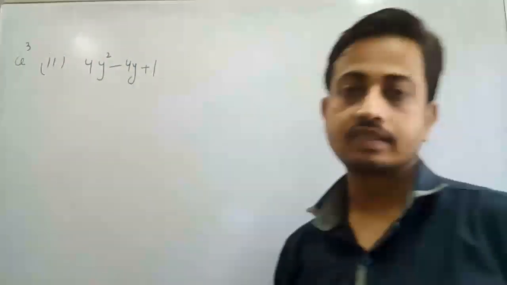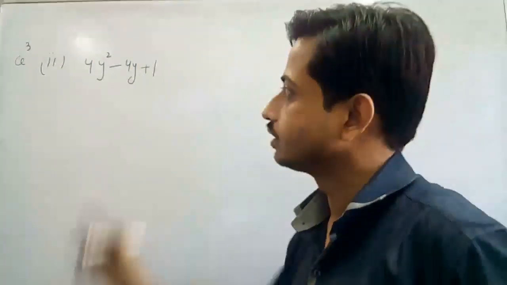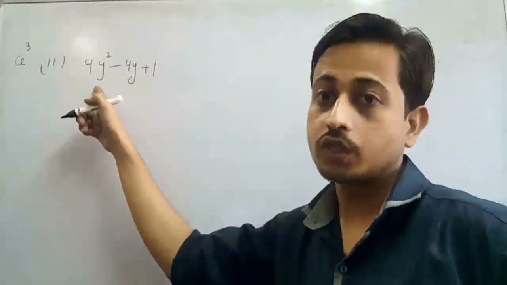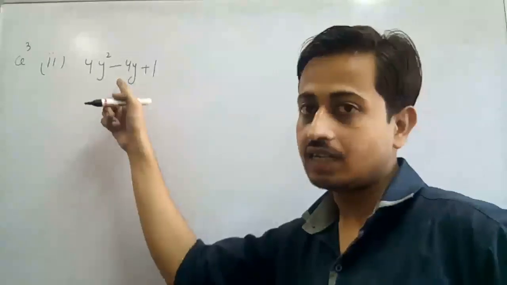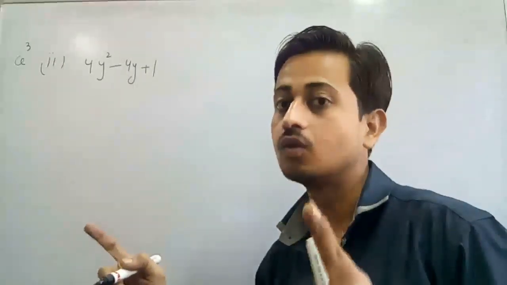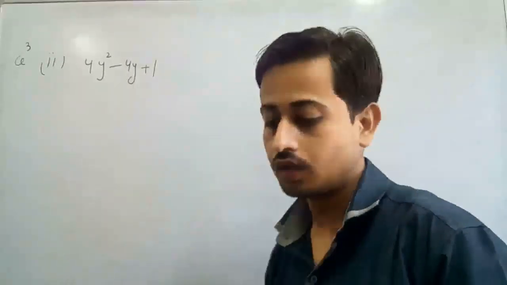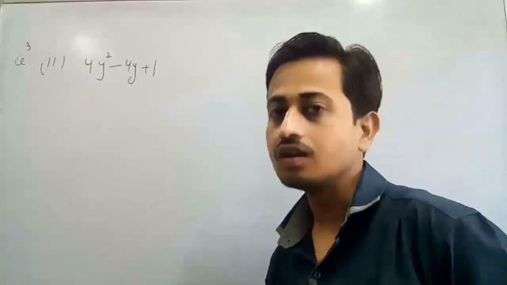Now the second part of question number 3. In this again we have a square and 3 terms, but the sign is negative, so it makes the identity look like identity number 2, x minus y whole square.